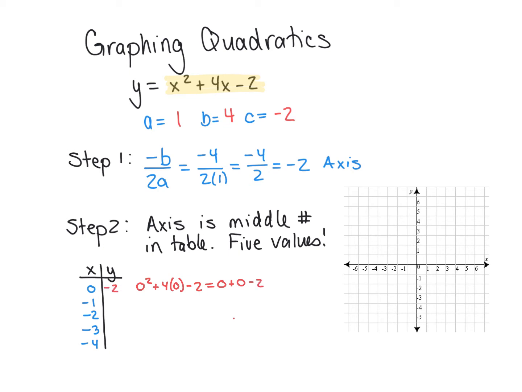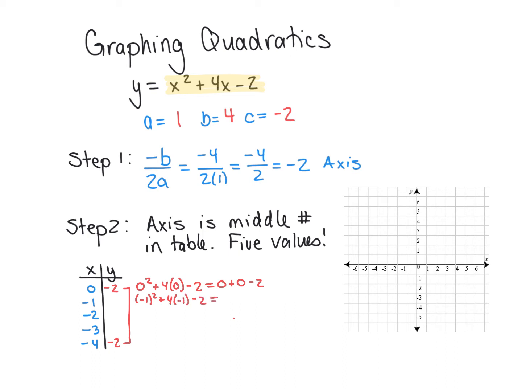So because we put the axis in the middle, and I told you they're going to be U-shaped graphs, we can know that it's going to reflect itself. So if that one is -2, then this one is also -2. Then we're going to do the same thing here. We have -1 squared plus 4 times -1 minus 2.